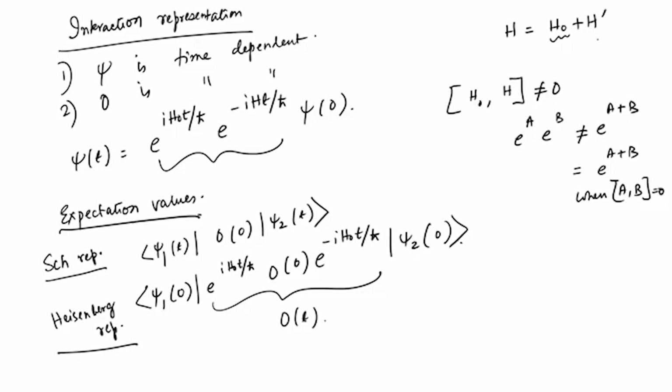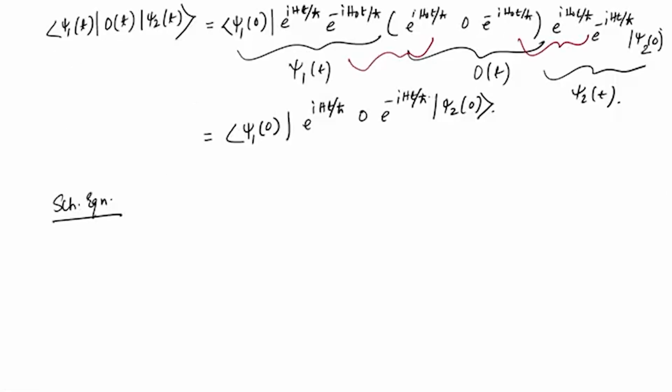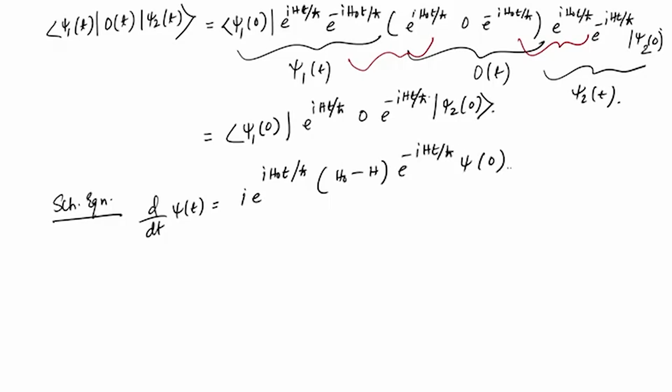Sorry, I forgot to write this. So, H equals H naught plus H prime, and you can't change the order of this. So, you have d/dt of psi of t, and it is exponential i H naught t by h cross with the H naught minus H. There are two terms, because you have two exponential terms, and you have a minus i H t by h cross and psi of 0.